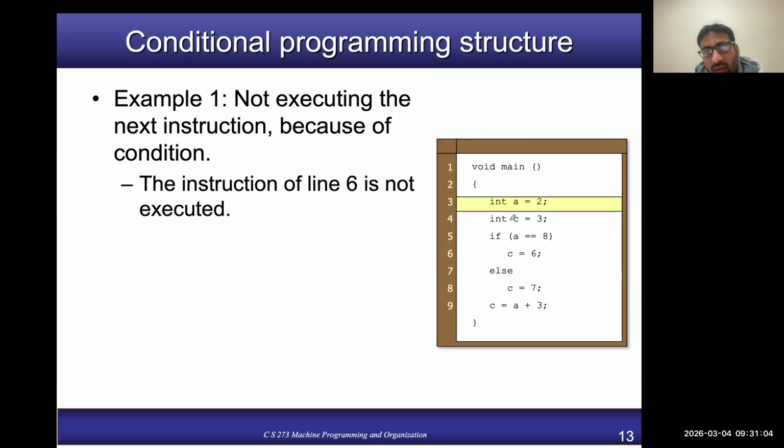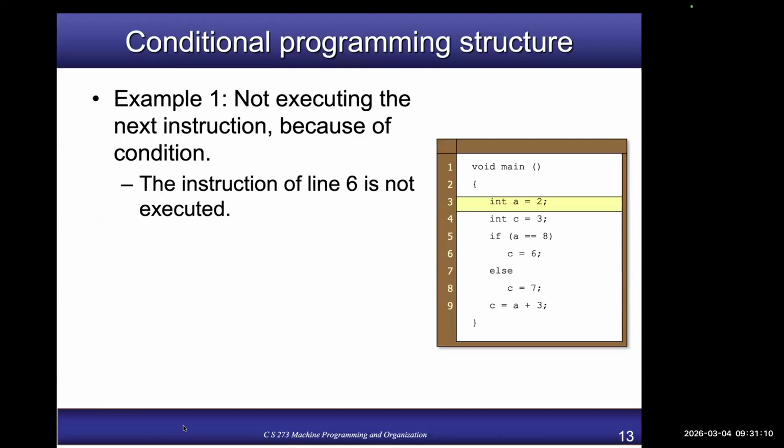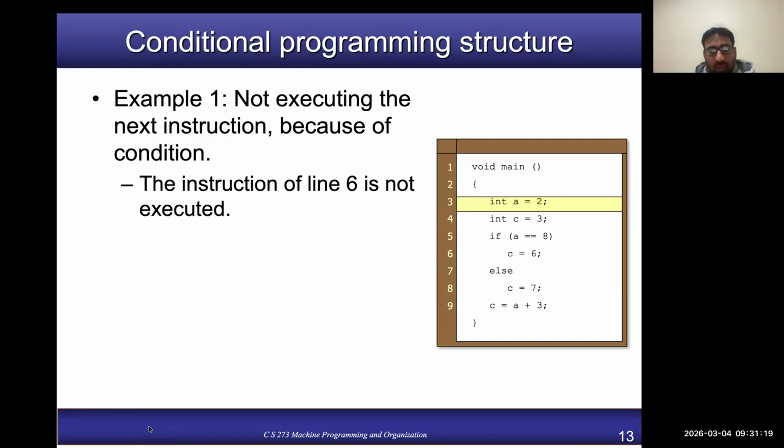So let's say we have this program written on the right side. Again, it is written in a high level language, not in assembly. Sorry, guys. The point here is that depending upon the value of the condition, whether the condition is true or false, your execution flow will change.